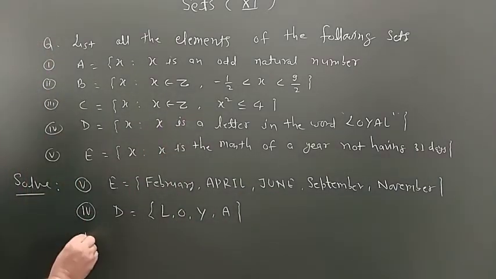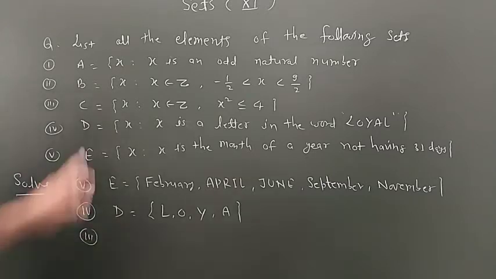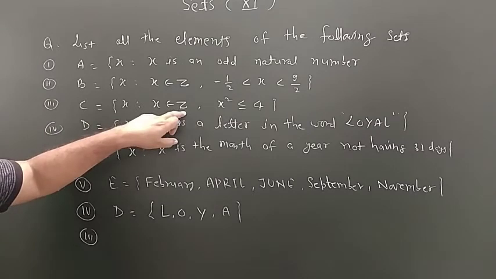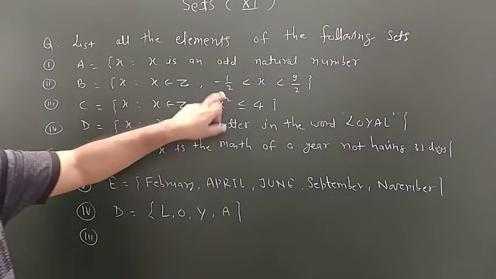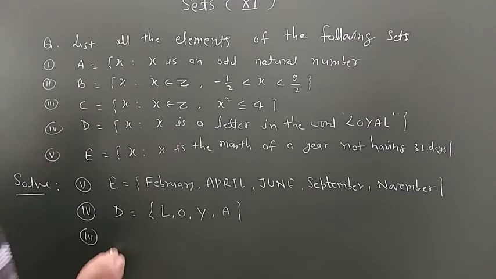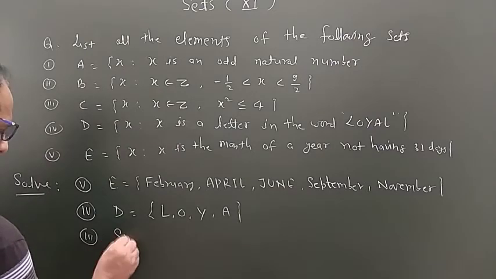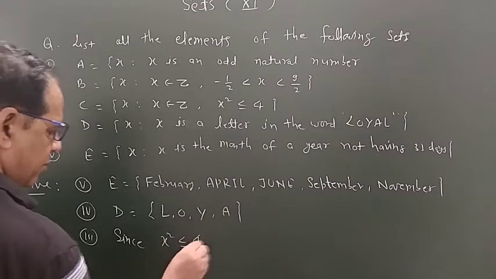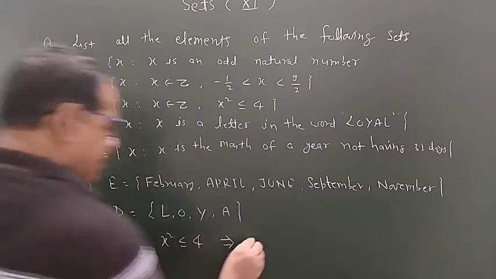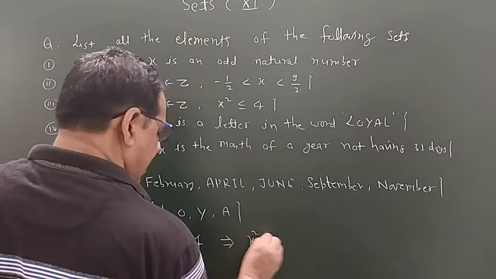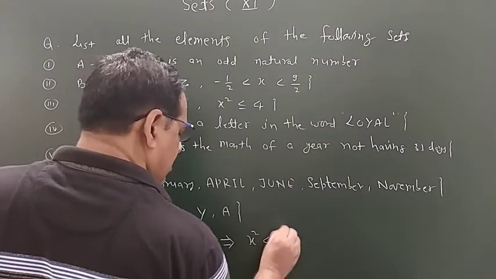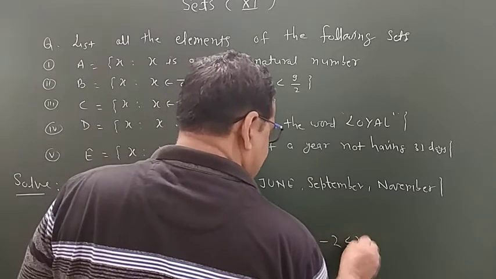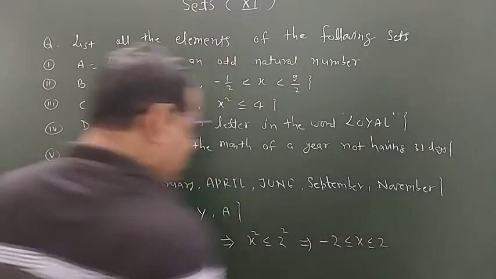Now in question 3, C equal to x, x belongs to Z, that means x is an integer, and x square less than or equal to 4. Since x square is less than or equal to 4, it implies x square is less than or equal to 2 square, which implies minus 2 less than or equal to x less than or equal to 2.